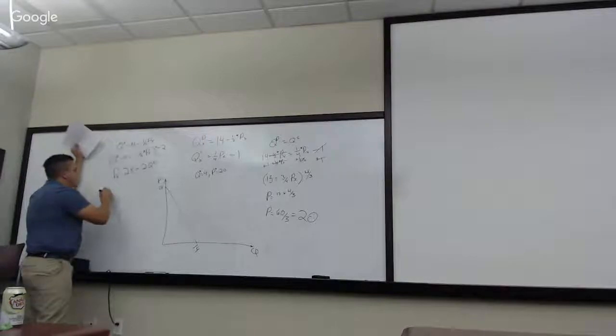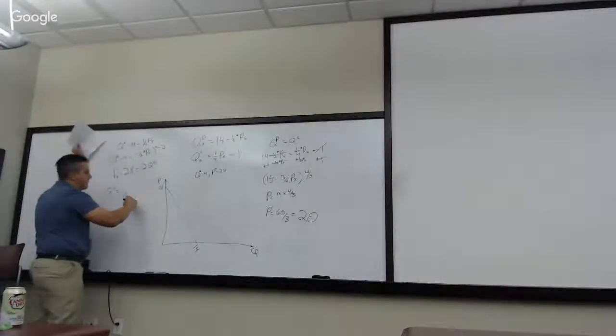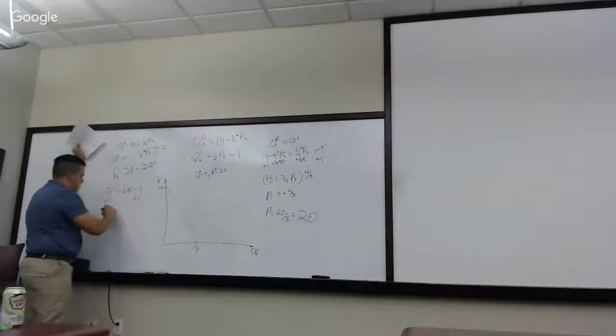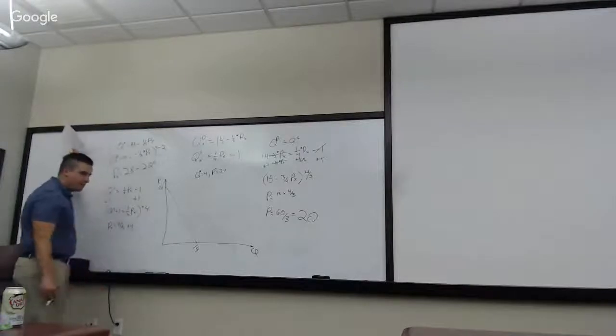Now we got to do our supply curve. Quantity supplied is equal to 1/4 the price of X minus 1. Add over the 1 on both sides. Quantity supplied plus 1 is equal to 1/4 price of X. Multiply the entire equation by 4. Price of X is equal to 4 times quantity supplied plus 4.